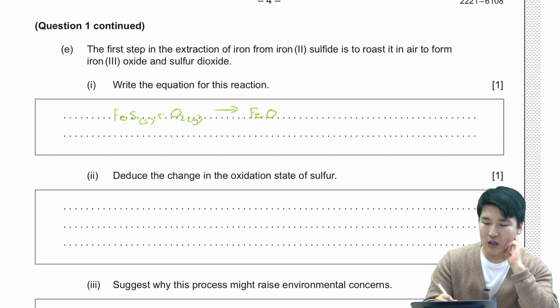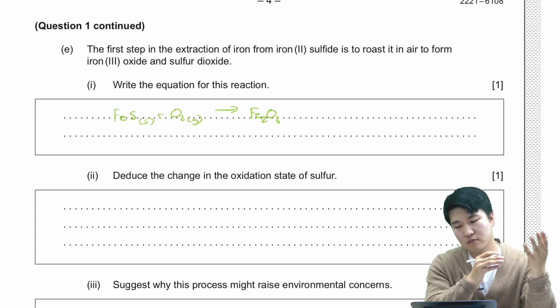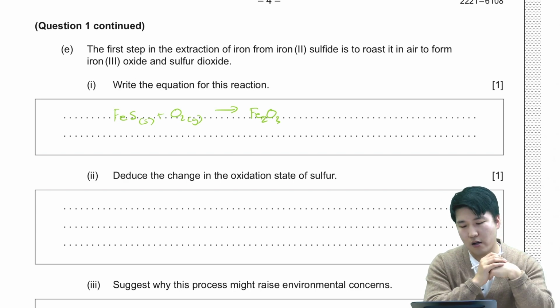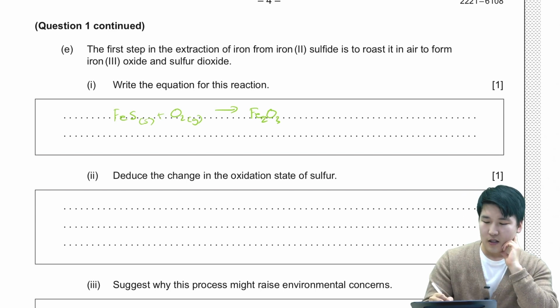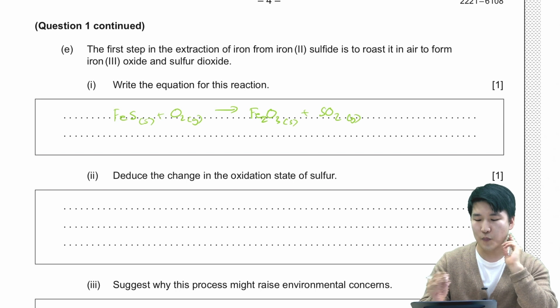We will have to acknowledge how iron 3 will combine with oxygen in the ratio of 2 to 3. Fe2O3 means 3+ Fe, 2 of them, will bond in a balanced way with 3 oxygens. Again, Fe2O3 will be solid, but the sulfur dioxide produced will be gaseous.